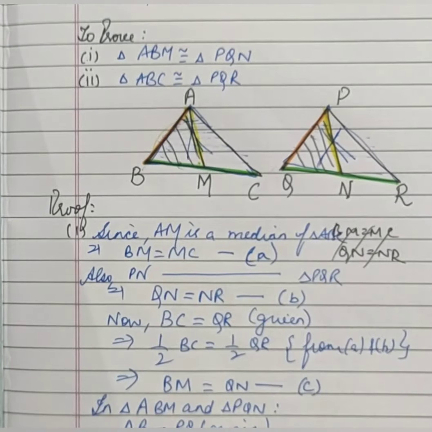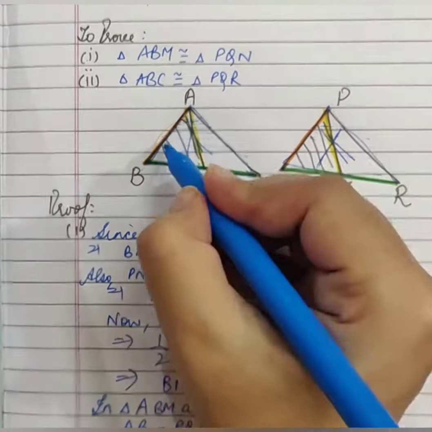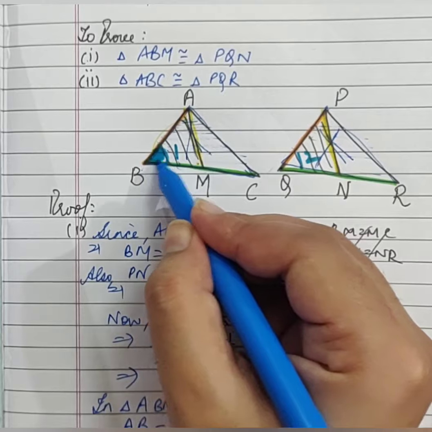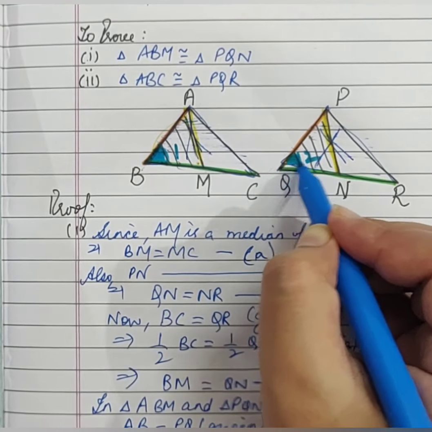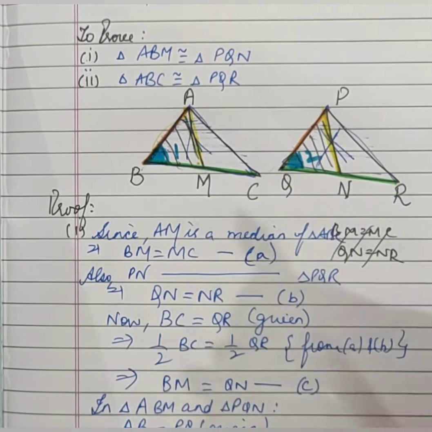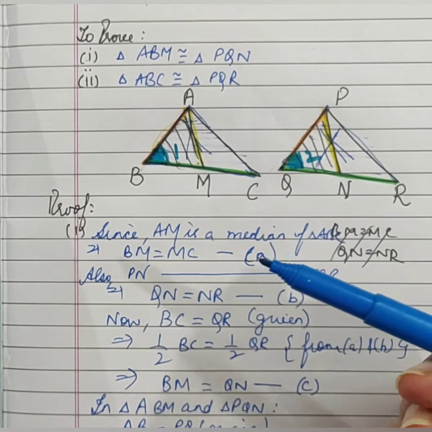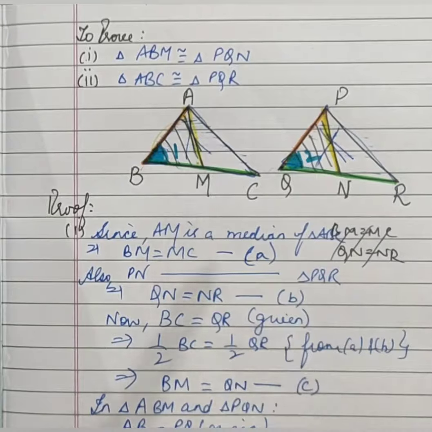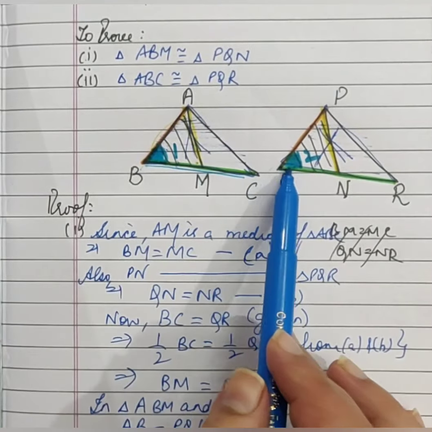This, let's name it as angle 1. Let's name it as angle 2. Angle 1 of triangle ABC is equal to angle 2 of triangle PQR. Why? Because this is by CPCT of our first part. And the third condition is BC is equal to QR.